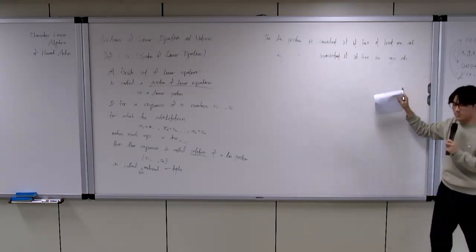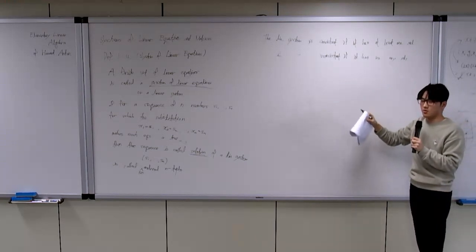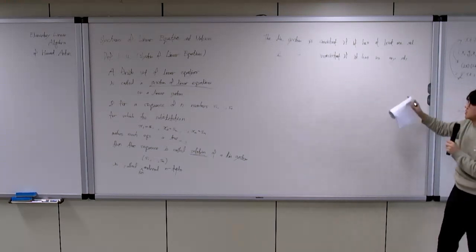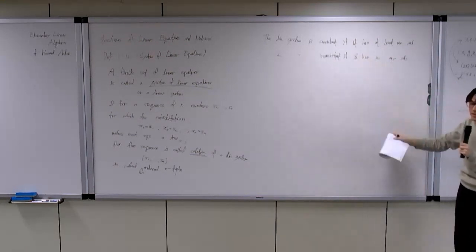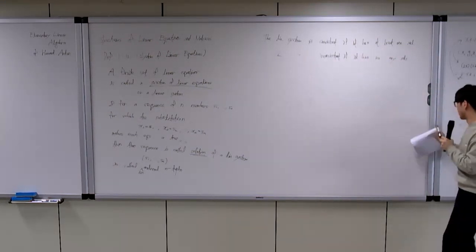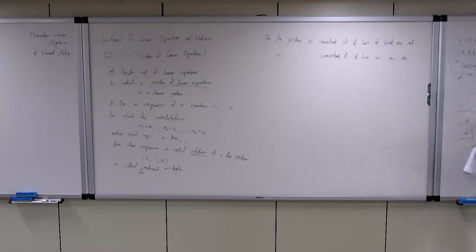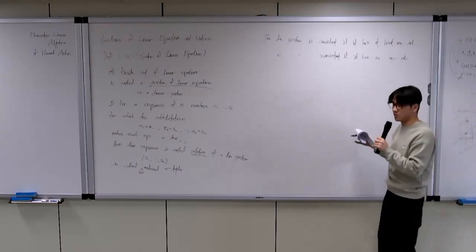From this statement, we can know that a homogeneous system is always a consistent linear system, because the origin will be a solution of the homogeneous polynomials.